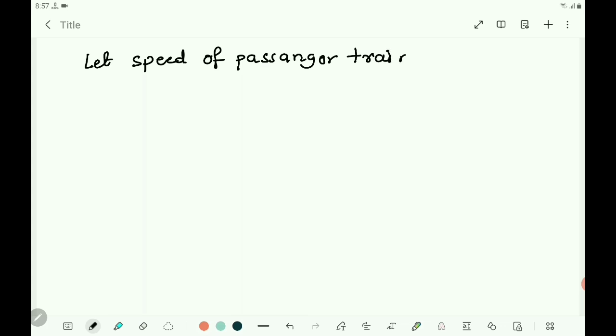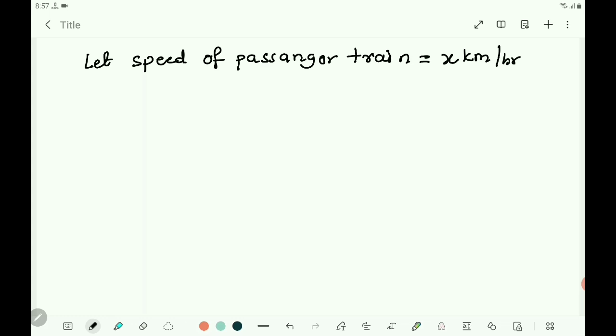Right, let the speed of passenger train equal x km per hour.